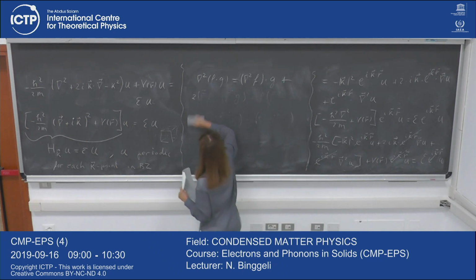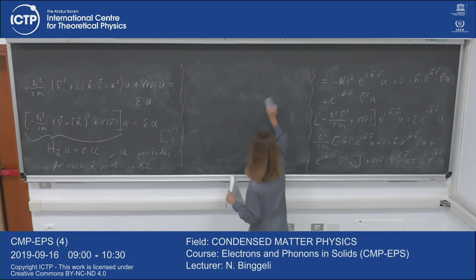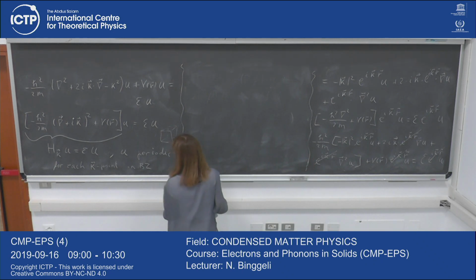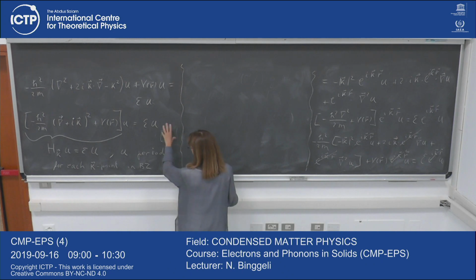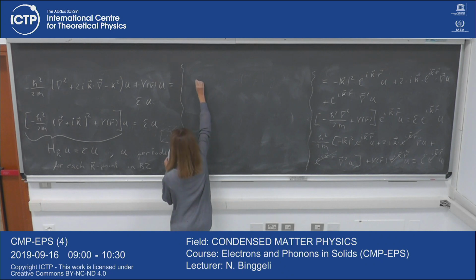So as a consequence, now we have an equation just for u, and we just have to find the u of r inside a finite volume, which is the unit cell, with periodic boundary condition.